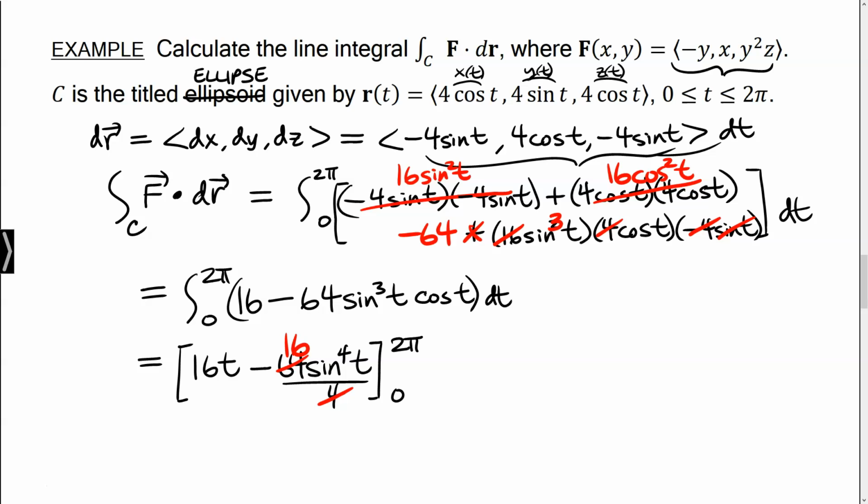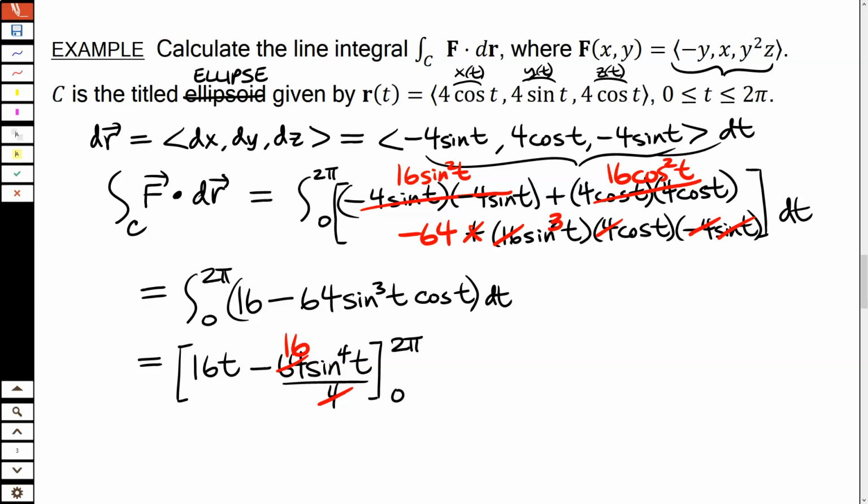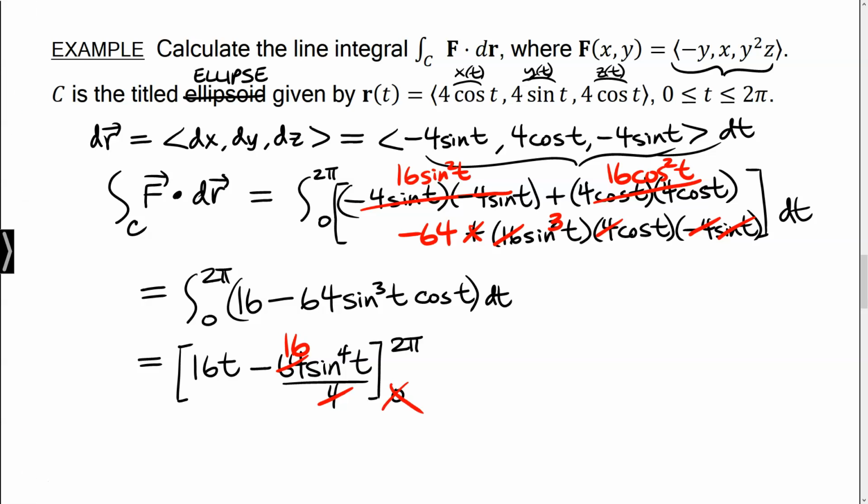So the bottom limit at 0 is not going to contribute at all. And in fact, the second term is not going to contribute because we're evaluating sine at 2 pi. So really we just get 16 times 2 pi. And we see that, yes, this does have positive work done. And the work done is 32 pi.